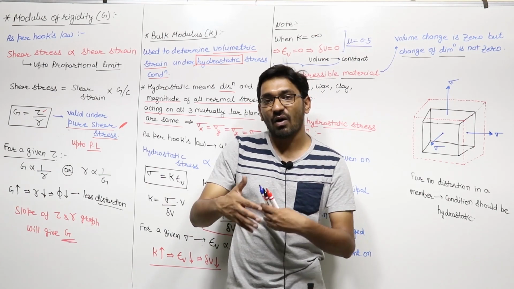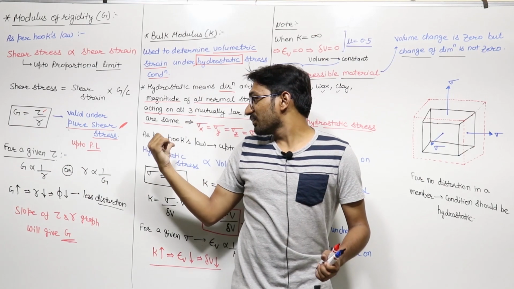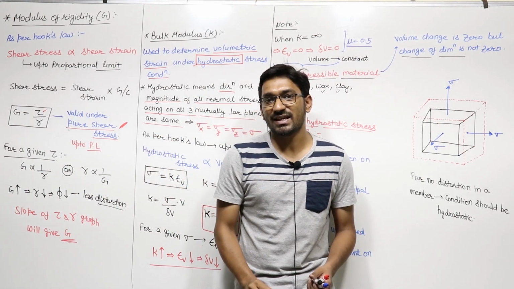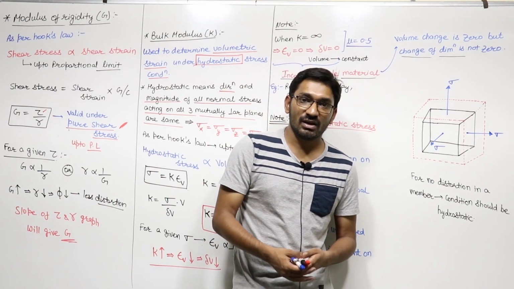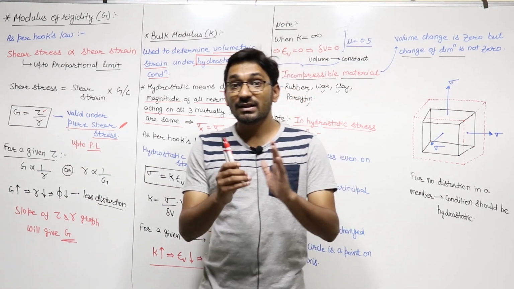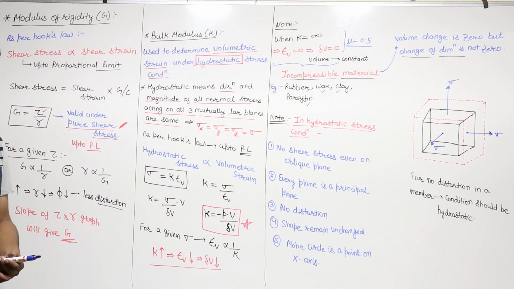The dimensions in all three planes are changing, because this hydrostatic state of stress is a normal stress, and because of a normal stress, your dimensions are changing. If dimensions are changing but the volume remains constant, that material is known as incompressible material.